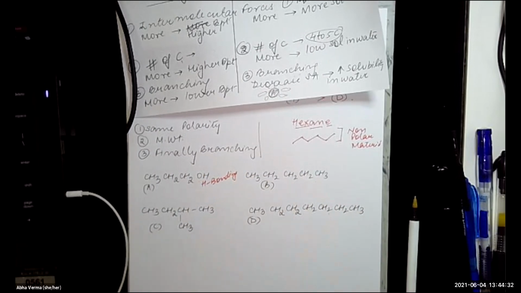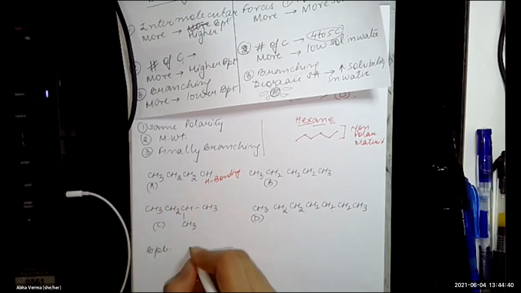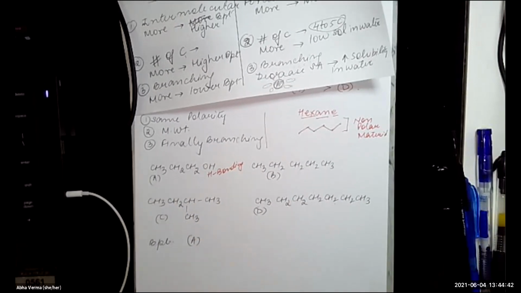None of these have any hydrogen bonding. So if I have to judge my boiling points, A will have the highest boiling point. If I have to compare my solubility in water, A will still be the highest soluble in all of these materials.